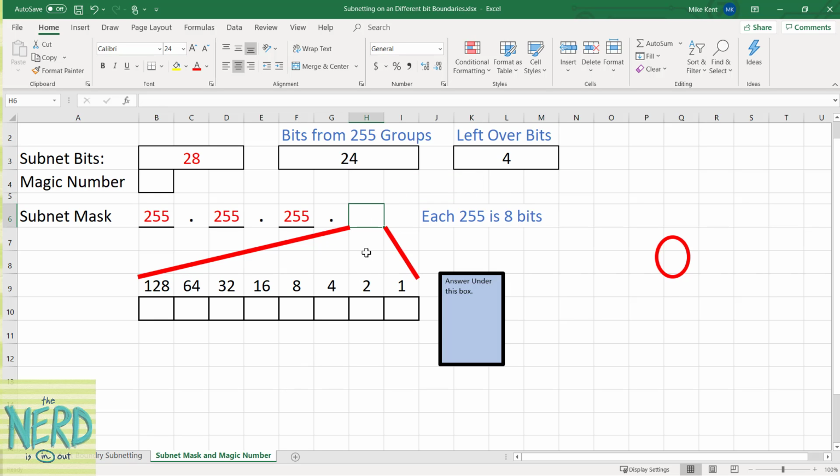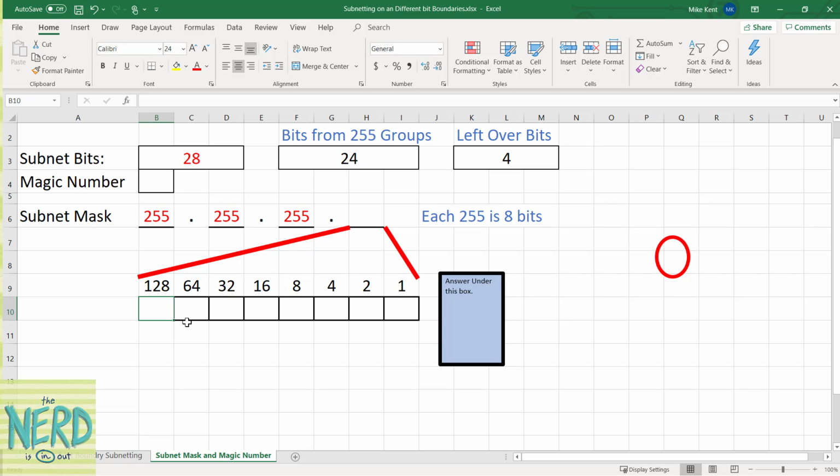So what that's telling me is that in this part of the subnet mask, some of this is going to be network, and some of this is going to be host. We've got 4 bits left. So if I break this down into binary using my 1, 2, 4, 8, 16, 32, 64, 128 bits, I've got 4 leftover bits.